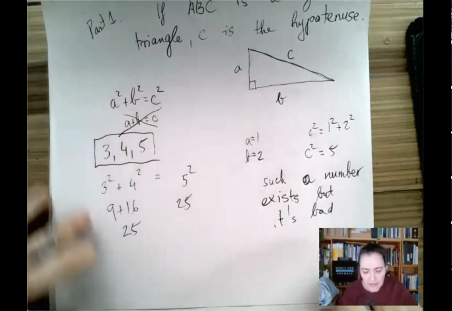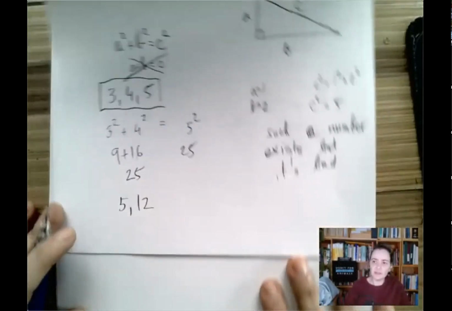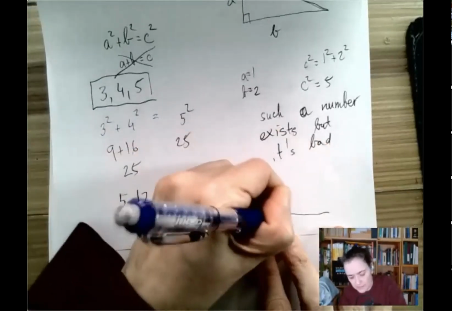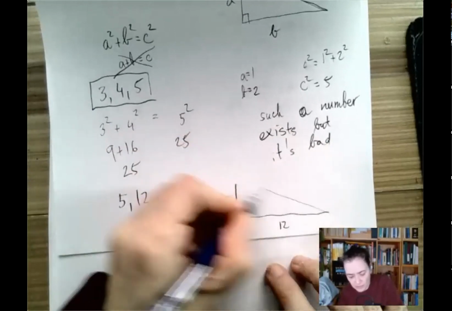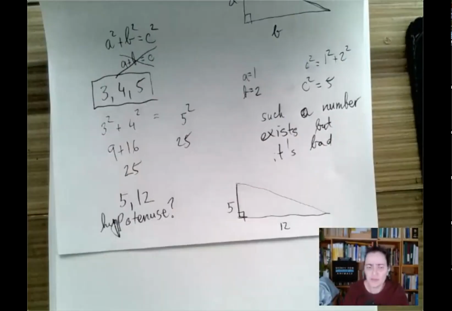And then if the shorter sides are 5 and 12, can you use the Pythagorean theorem to find the longest side? If this is 5, this is 12, how long is the longest side? Use the Pythagorean theorem's first part to find the hypotenuse. You square 5, you square 12, you add, and you hope it's a square.